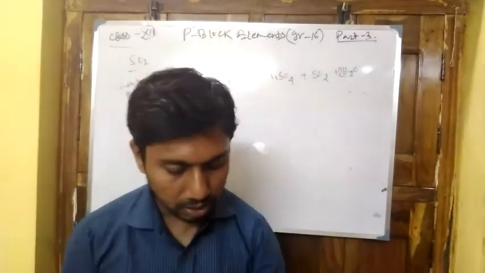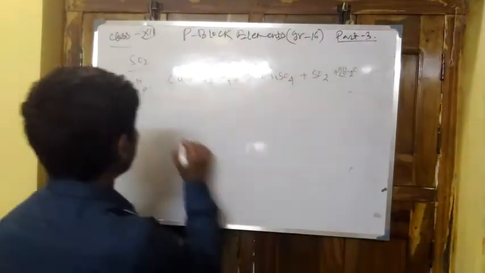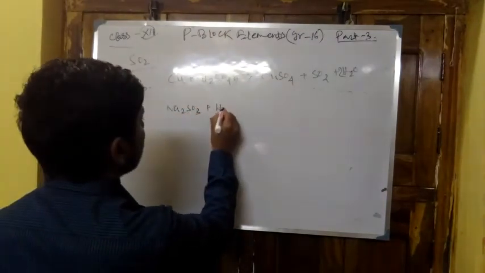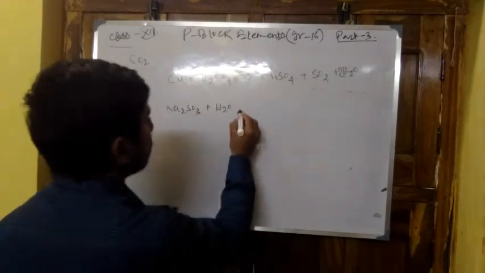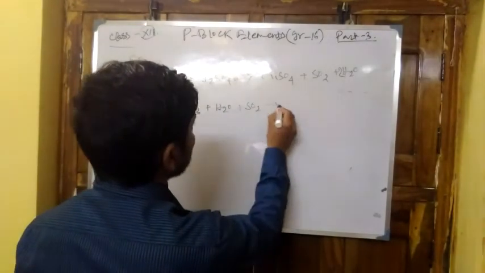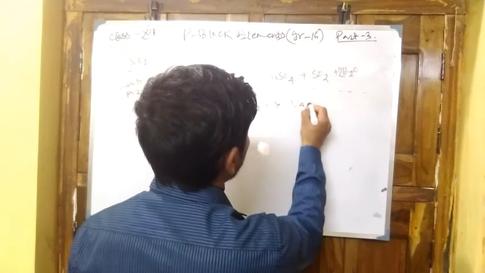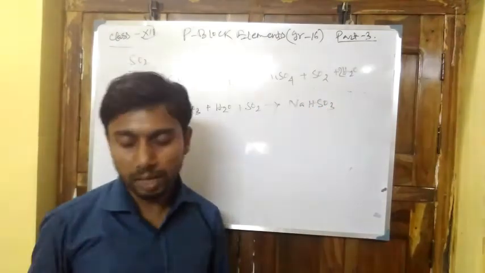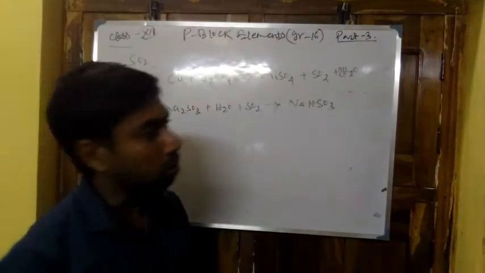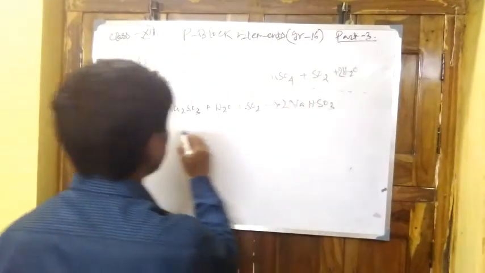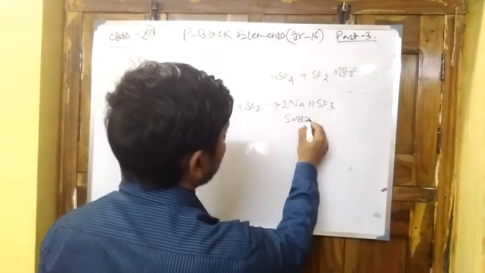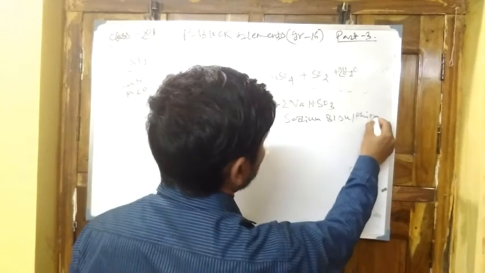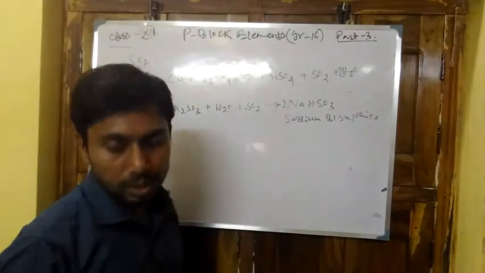The reaction is Na2SO3 plus H2O plus SO2 forming NaHSO3, that is sodium bisulfite. So it is also a salt.